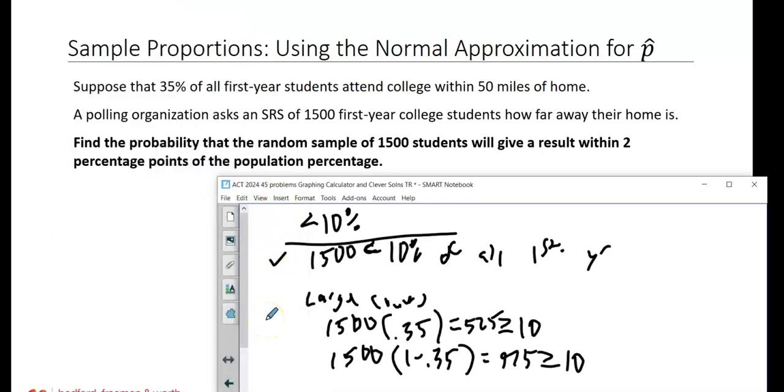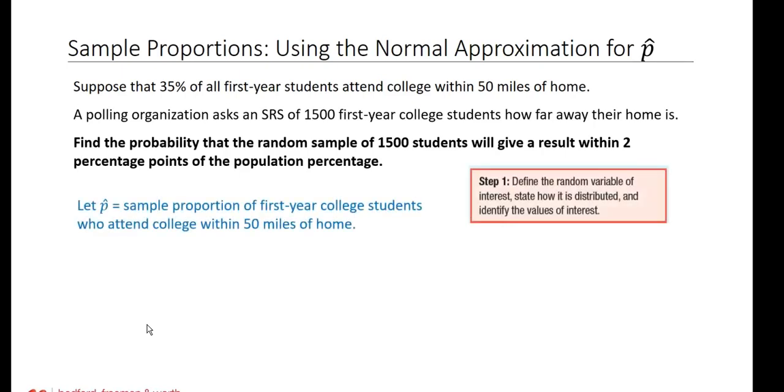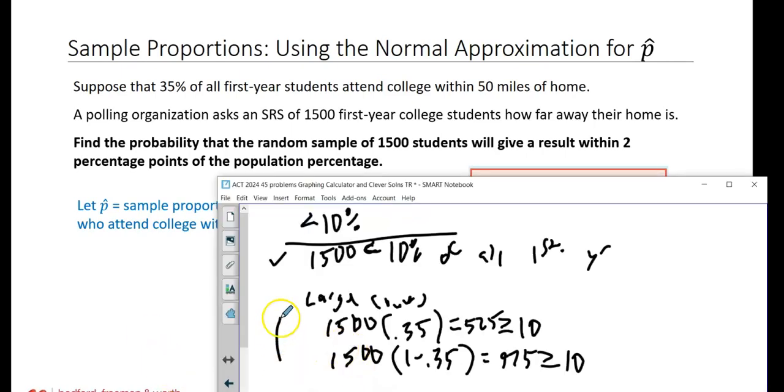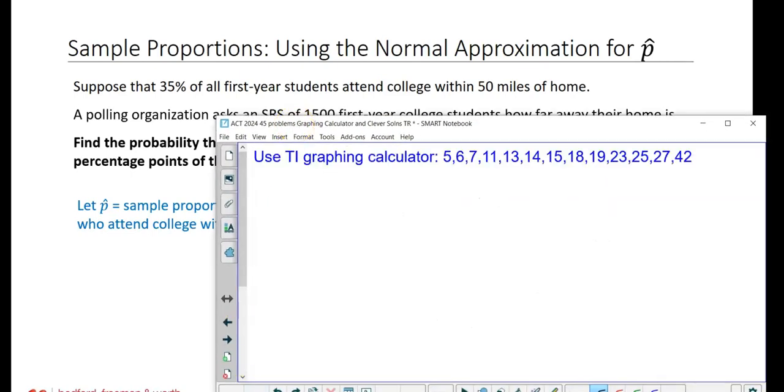Okay, so we've checked the conditions, which means we're ready to find the answers to the questions, right? So let's see how they did it. I think they did it in reverse order, maybe. Let's see. They defined p hat, that's a good thing to do. The notation for what we're finding here is important. Let me mention this. The 0.35 is going to be the mean of p hat, the mean proportion, so to speak.